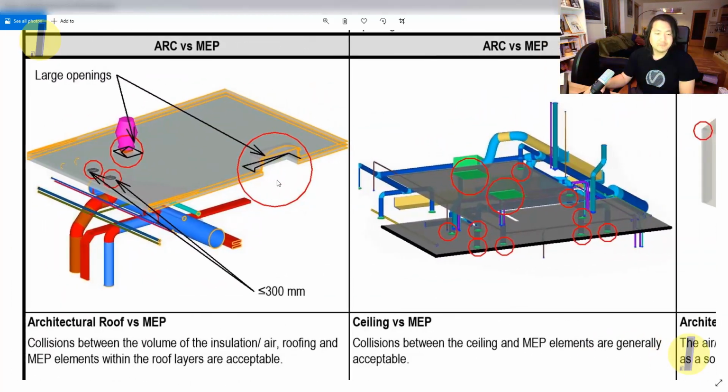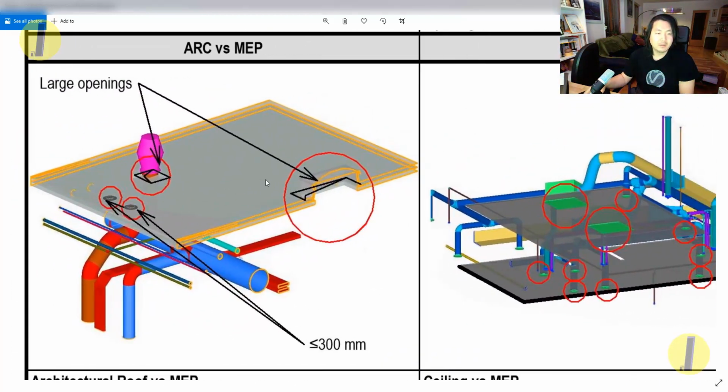Okay, let's go ahead to roof and MEP, and it's the same as the floor system. So if there are large openings for duct or roof fan, skylight, or anything that goes to the shaft area, you can definitely report them as a collision if there is collision with the MEP system.